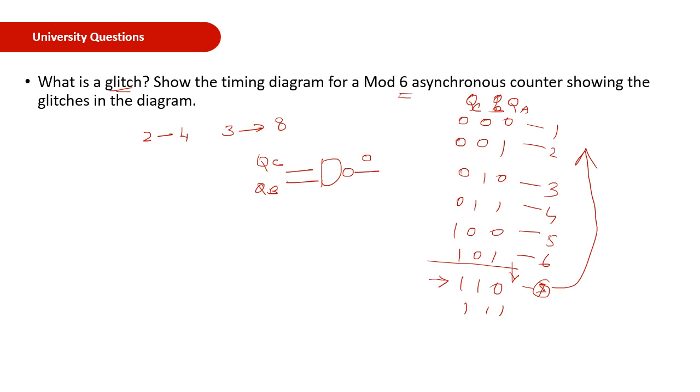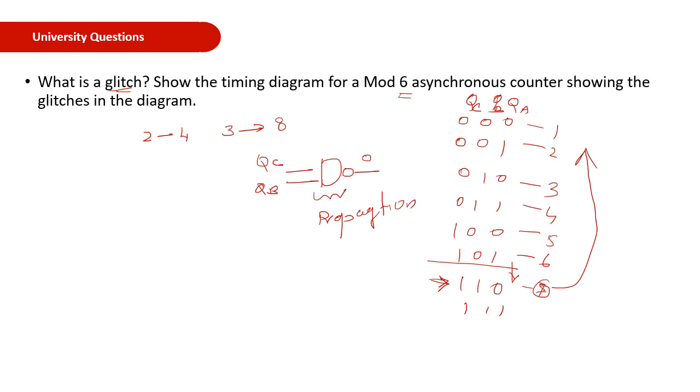Now you can see that the 6th state is 101. When the next clock pulse comes, the next state will appear for a short duration. That duration depends on the propagation delay of your NAND gate.